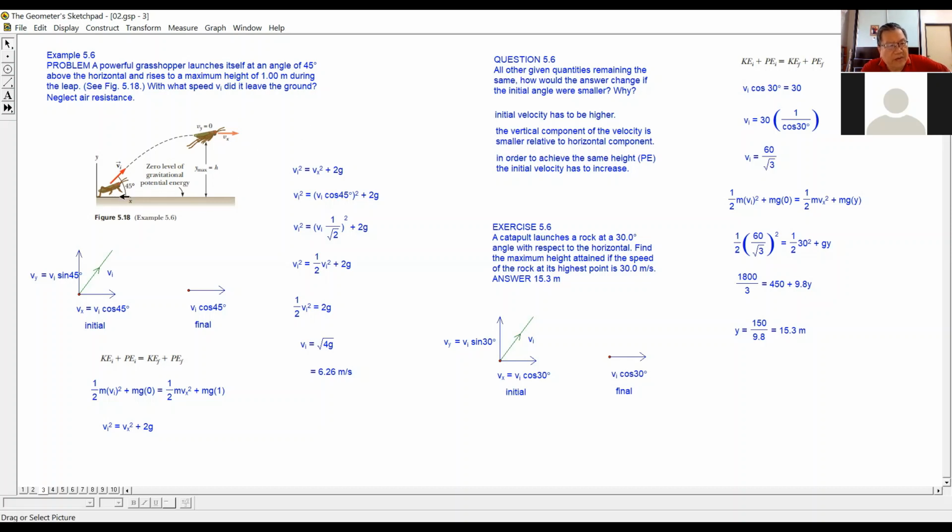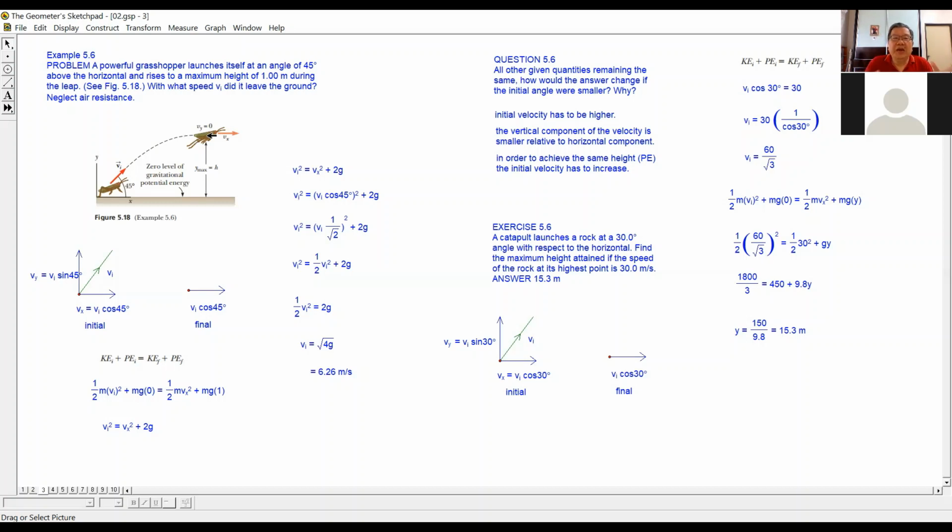Because as it goes higher and higher, it loses kinetic energy. So the kinetic energy is converted into potential energy. And finally, at the peak or maximum height, all the vertical kinetic energy that it has is translated into potential energy.